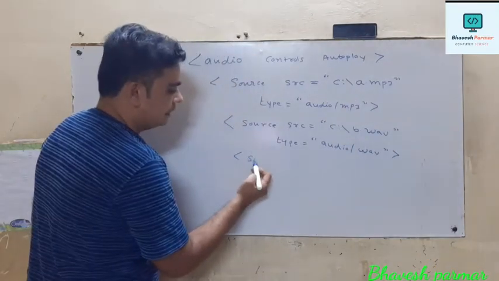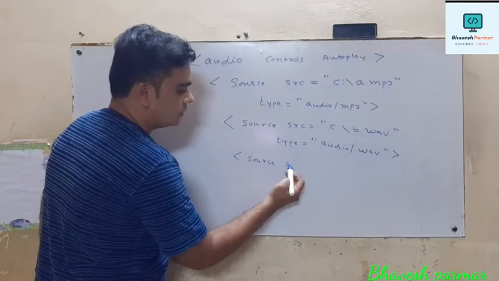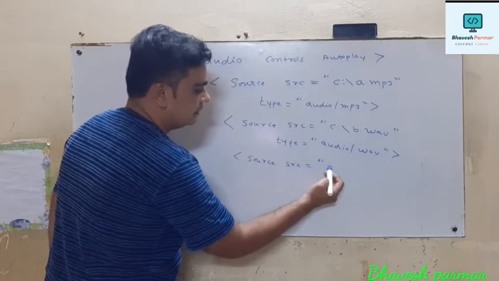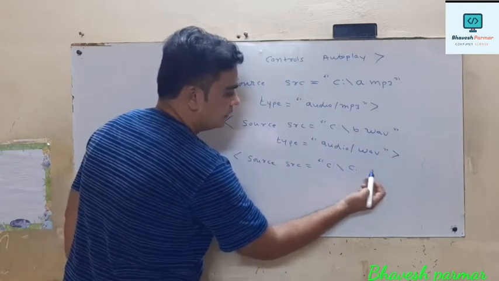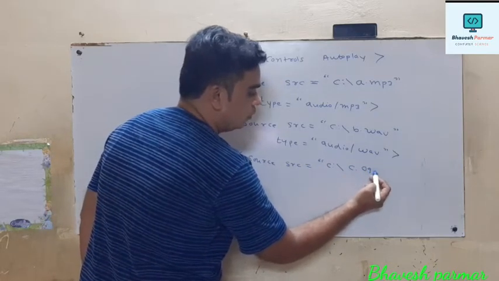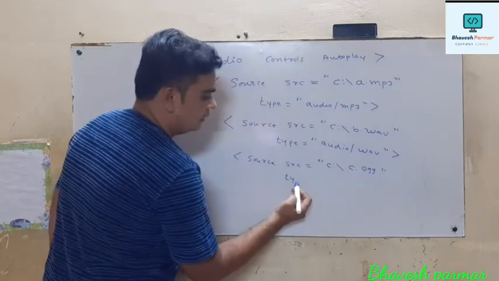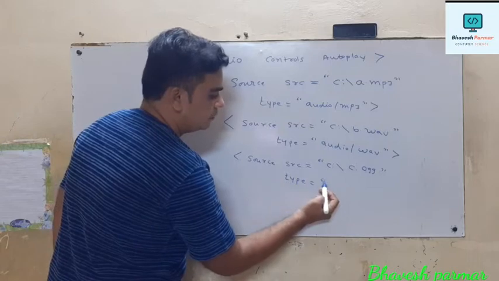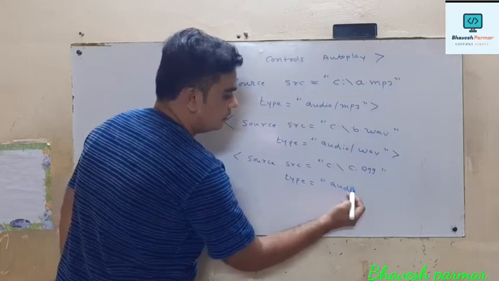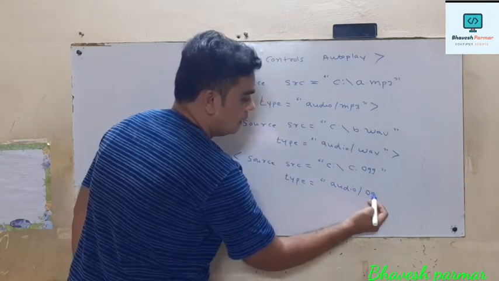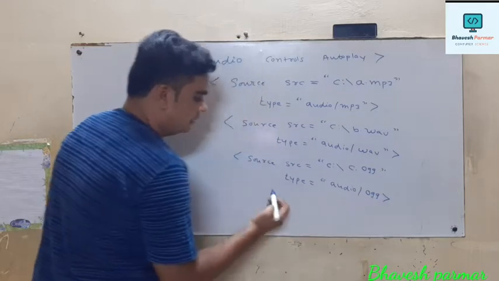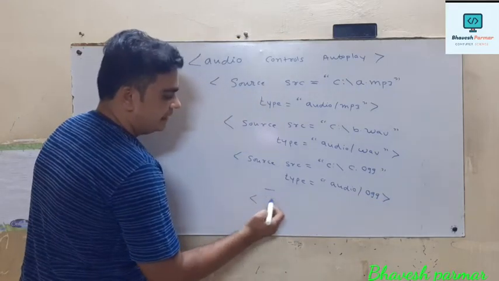Thereafter another example: source src, suppose c.ogg, then type is equal to audio/ogg. Thereafter you can display the message.